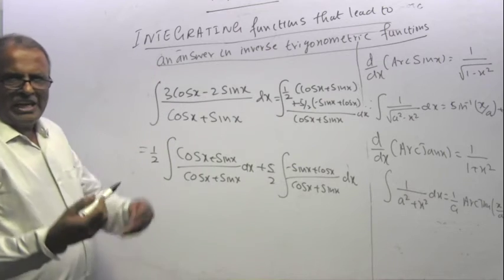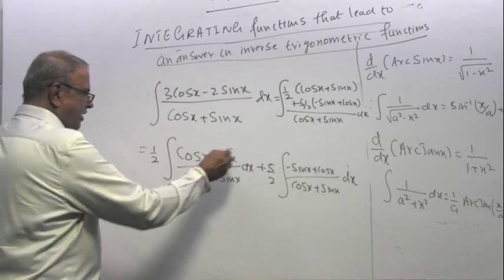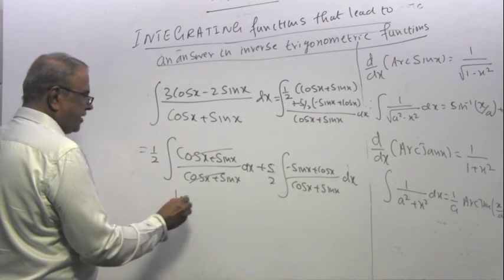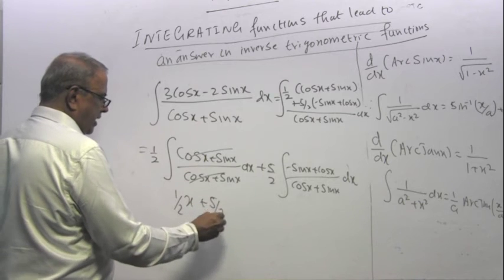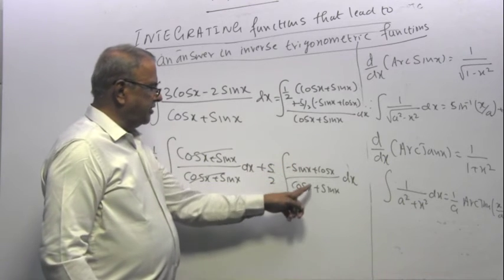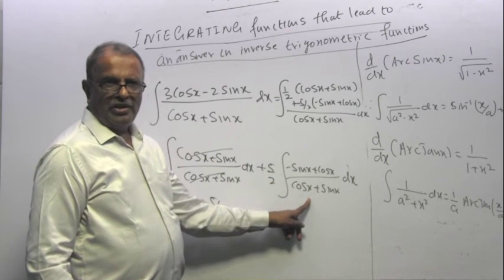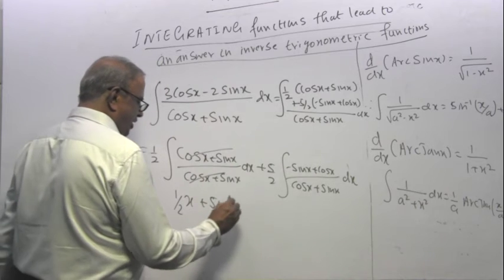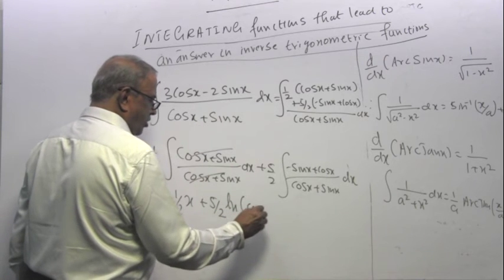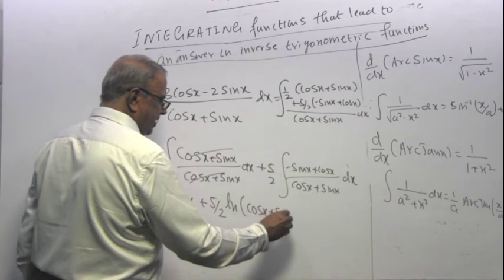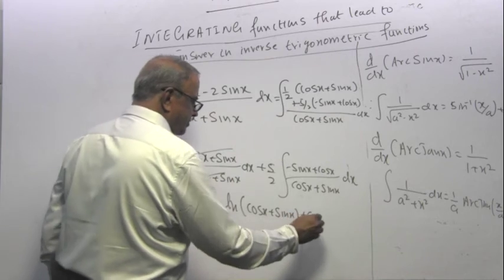I am trying to stretch you a bit. Here you see they cancel. I get half x. Here the numerator is the exact derivative of the denominator. So 5 over 2 ln of (cos x plus sin x).